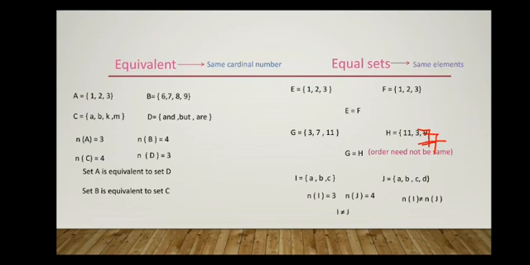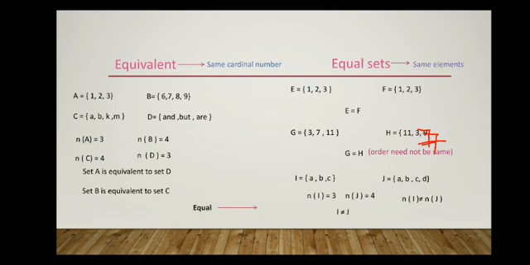So for two sets to be equal, they should have the same cardinal number as well as the same elements. If two sets do not have the same cardinal number, or do not have the same elements, then they are not equal.